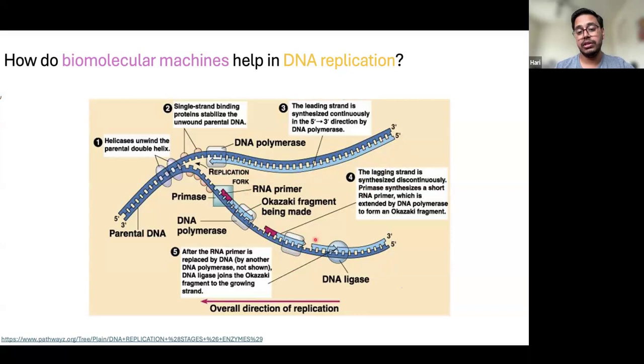If you see, the direction of elongation is opposite to it. That's why for the lagging strand, the elongation is discontinuous. That leads to the formation of something called the Okazaki fragments. Later on, this discontinuity is eliminated by another enzyme called DNA ligase, which can join all the gaps in the elongated DNA.